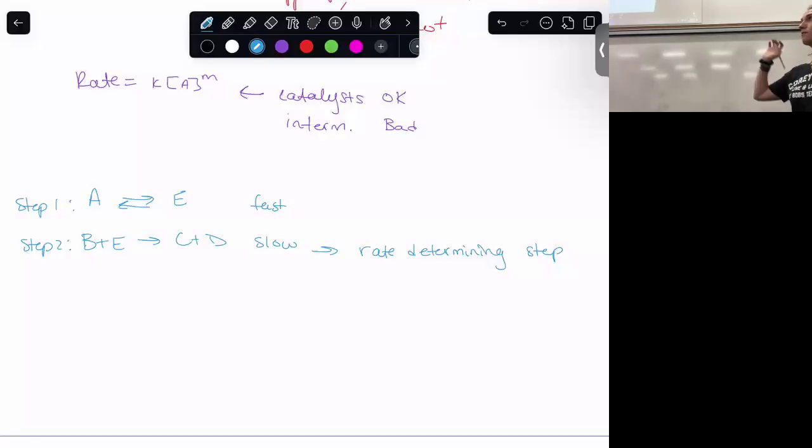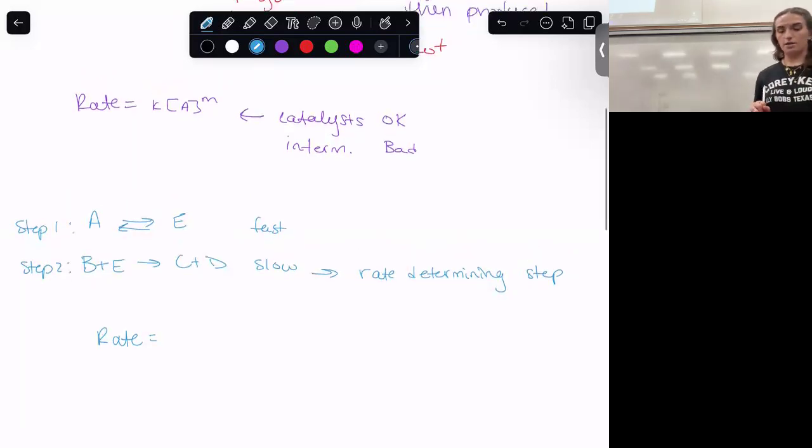Okay, so if our slow step is the second step and it's the rate determining step, what step, 1 or 2, are we going to write the rate law for? 2, right? So what would that rate law look like if we were just to write the rate law for step 2? We would say that rate is equal to. Is it the product of the reaction? Nope, that's for chemical equilibrium.